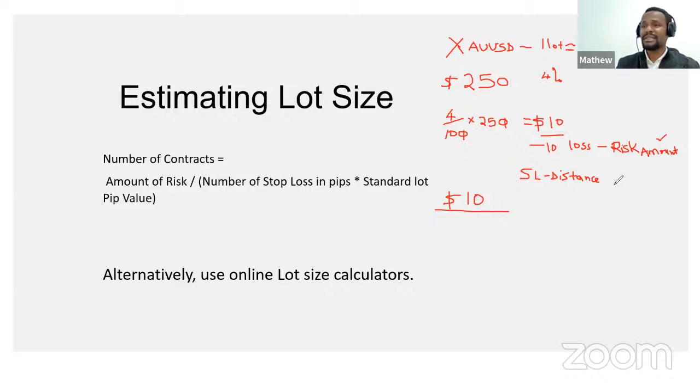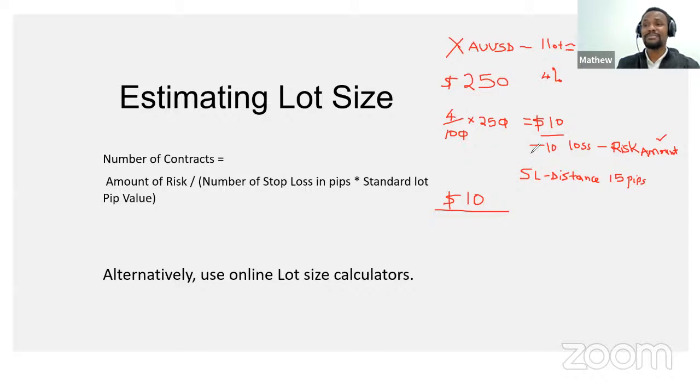You've seen it's 15 pips. So this 15 pips is where we have to fit in the $10 loss. It has to fit within that loss. If we exceed this one, then we are breaking our drawdown level for that trade.